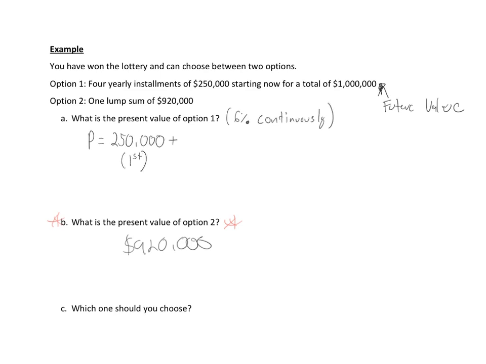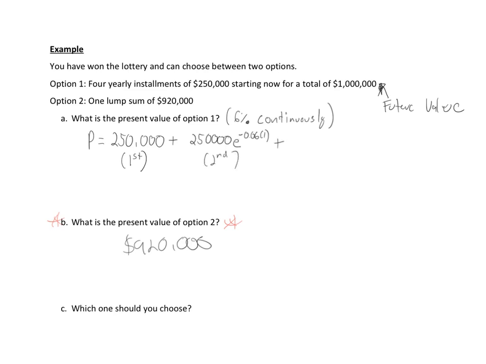The second payment, if we look back at slide 2, would be equal to $250,000 e to the negative 0.06 times 1, because we've had 1 year pass, so t would be 1. So this is our second.